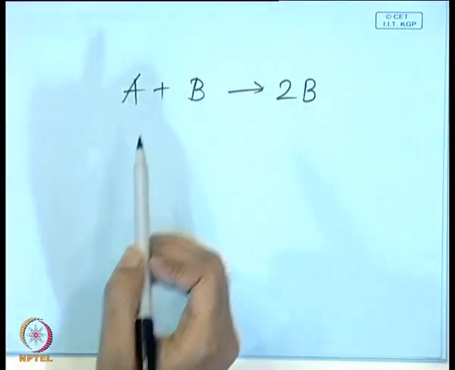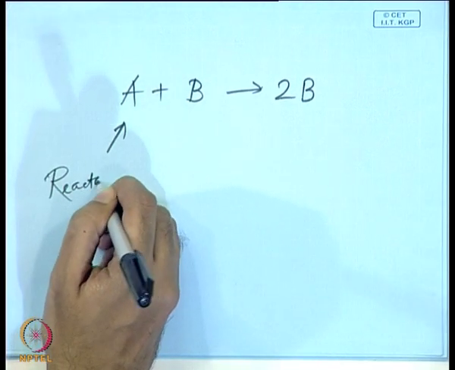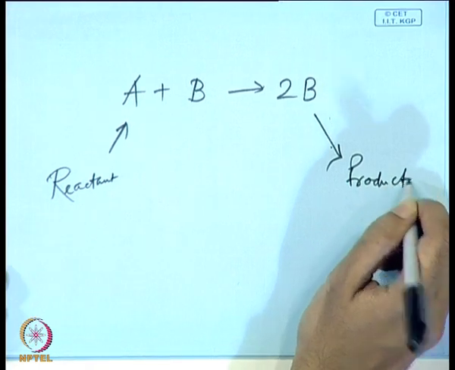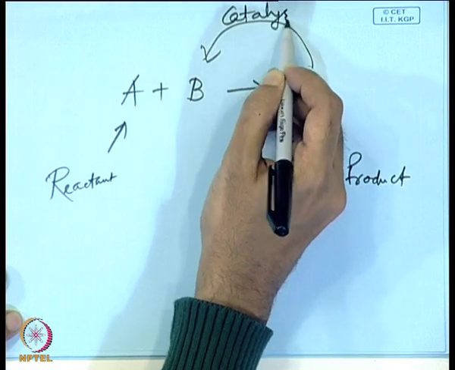The simple non-isothermal reaction, for example, let's say A plus B giving 2B. Okay, so that's an autocatalytic reaction. Here, A is your reactant, B is your product, and this B itself goes and catalyzes.